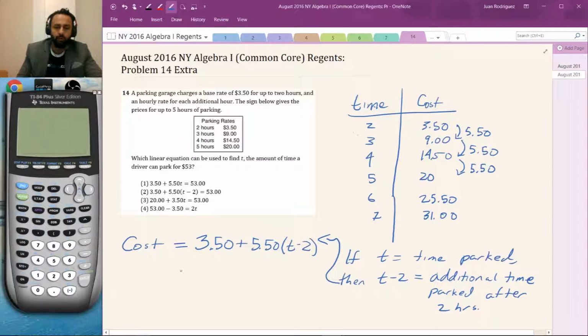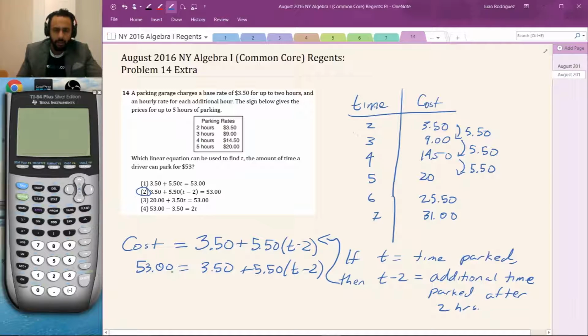So one possible equation that can get us the amount of time we can park for $53 is 53 is equal to 3.50 plus 5.50 times t minus 2. Okay, and we can look to see if this equation does appear in this list, and in fact it does. It's right here. So that is the answer.